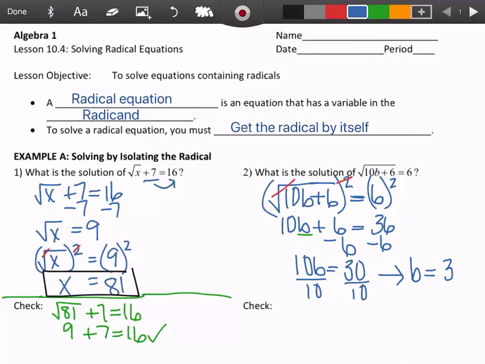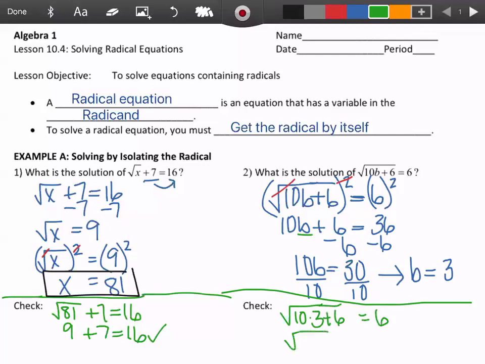So now we can check that. You do not have to, but it's a good way to know that your answer is correct. So we are going to check this, and we have the square root of 10b plus 6 is equal to 6, where b is now 3.